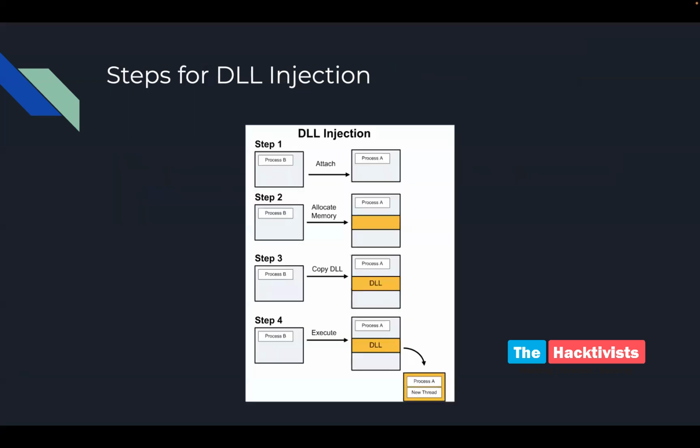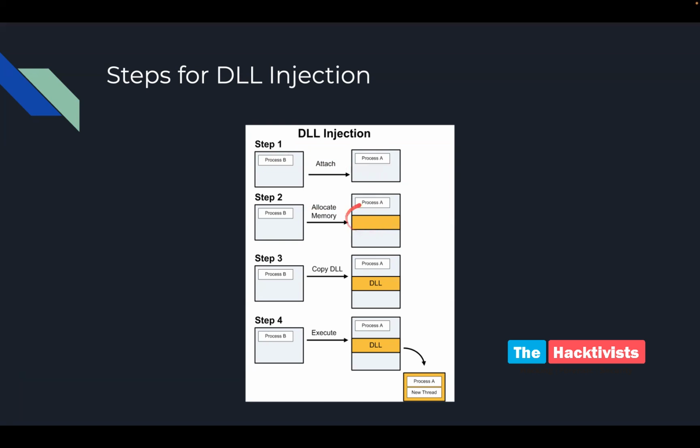Now, within DLL injection, what are the steps happening in the backend? Let's assume there is a process A. This is the application, the process which is utilized by the client application to complete its own functionality. First of all, we attach our malicious process to that process.